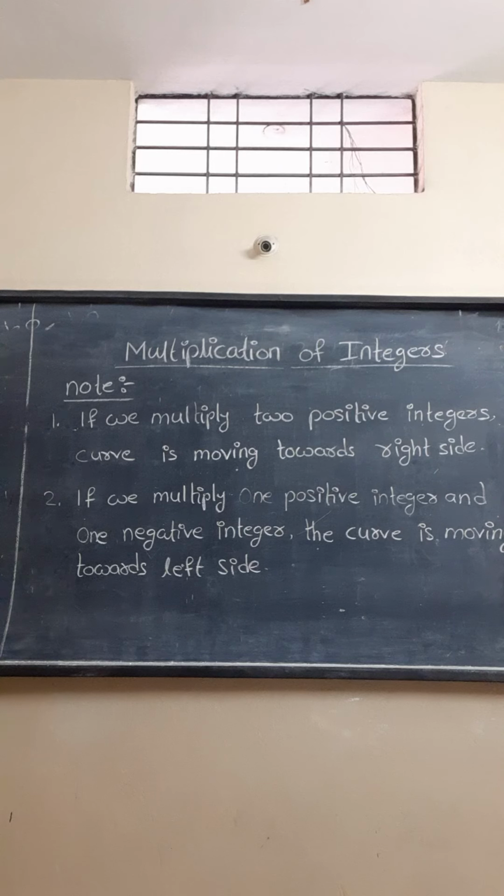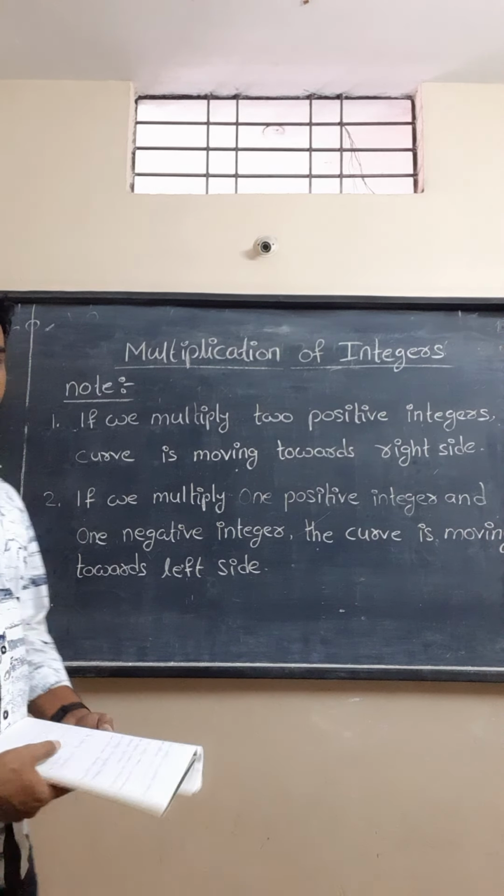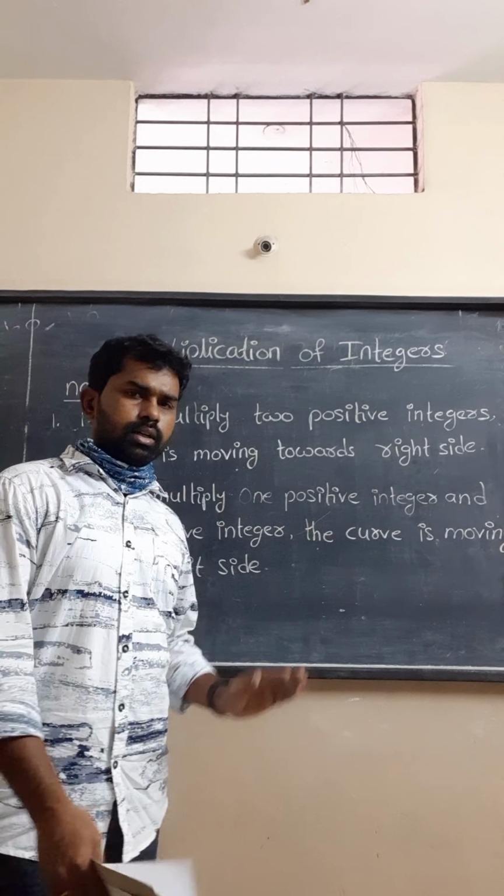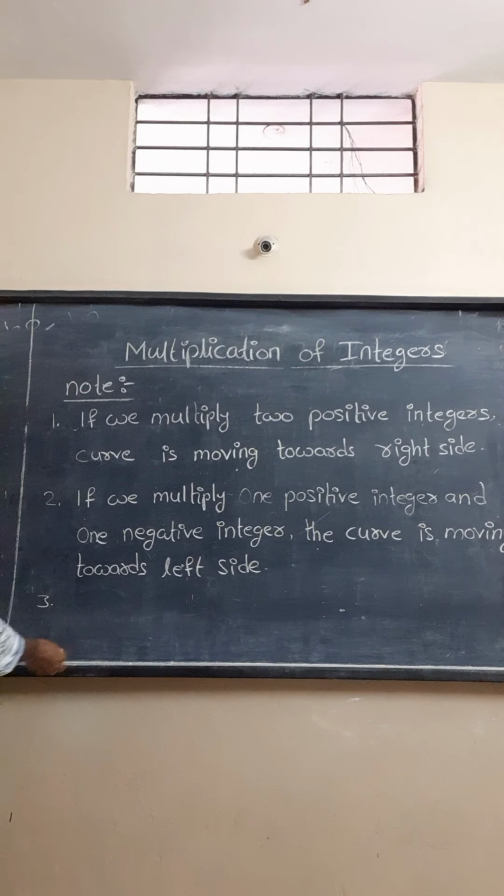Okay. Then third point is about the third example situation. In the third example, what is the situation? To which direction the curve is moving? The curve is moving to the right side. Now, same thing, right?